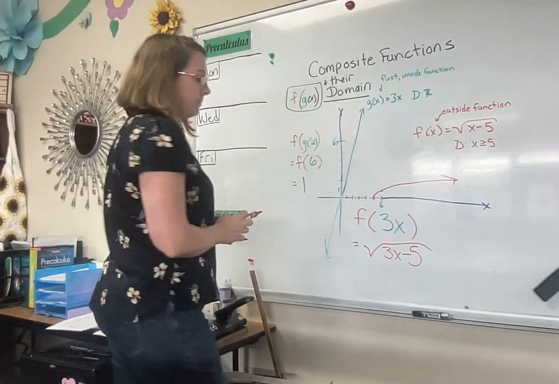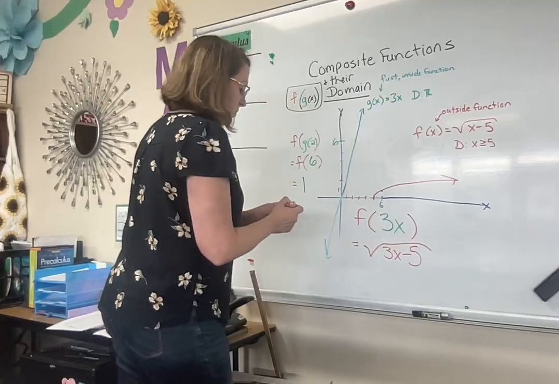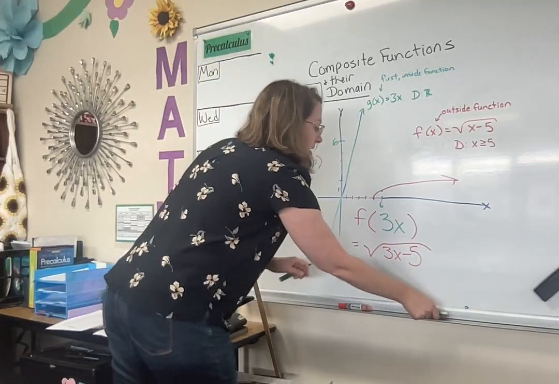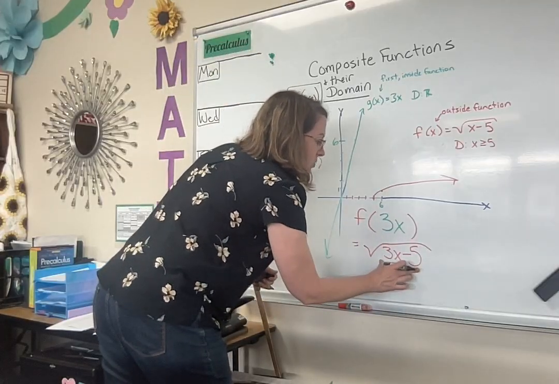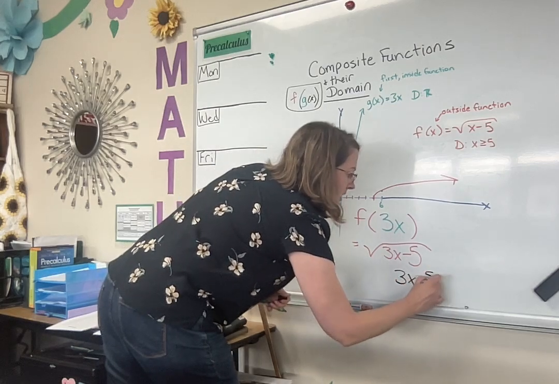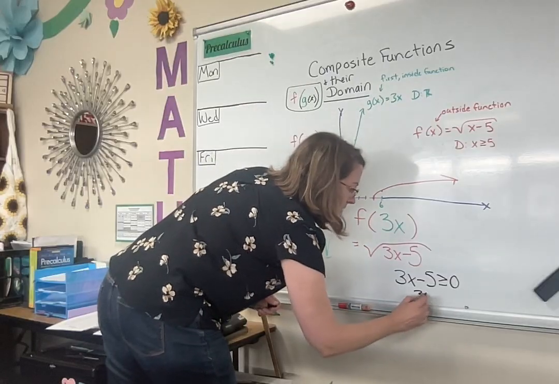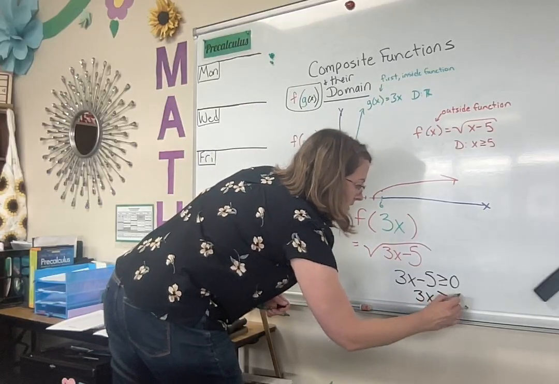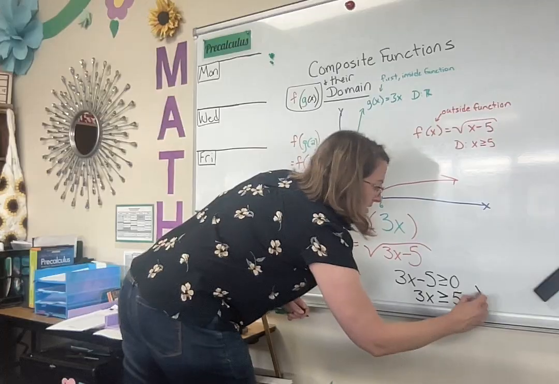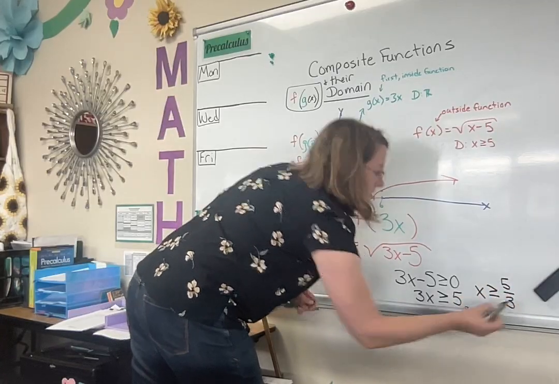So there we go. Now we can see that for the domain of this composite function, we need to keep our same restriction, that the inside of a square root must be greater than or equal to 0. So if 3x minus 5 must be greater than or equal to 0, that means that 3x must be greater than or equal to 5, which means that x must be greater than or equal to 5/3.